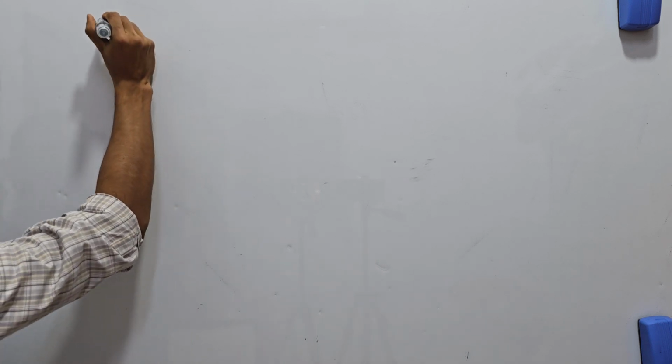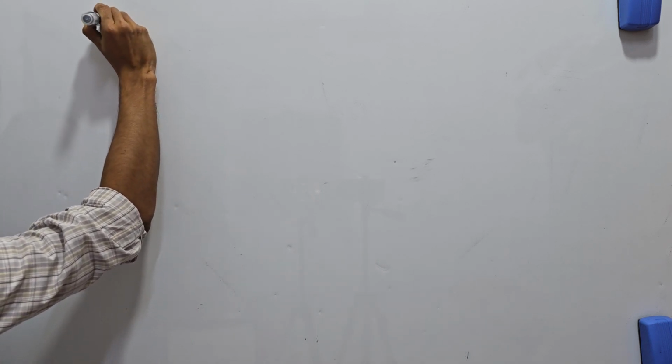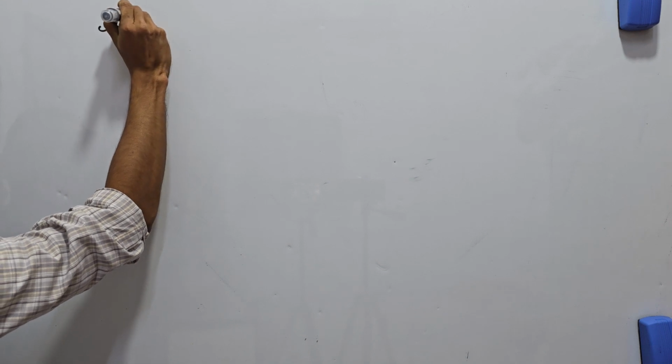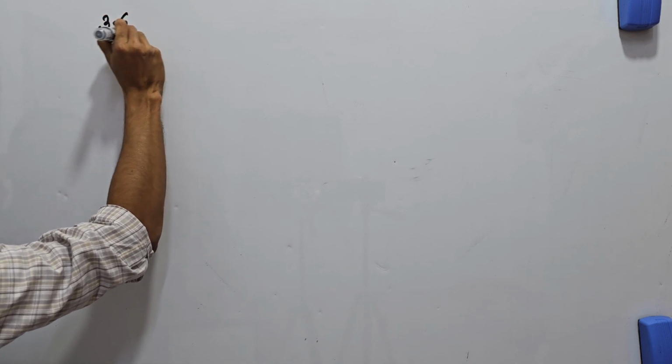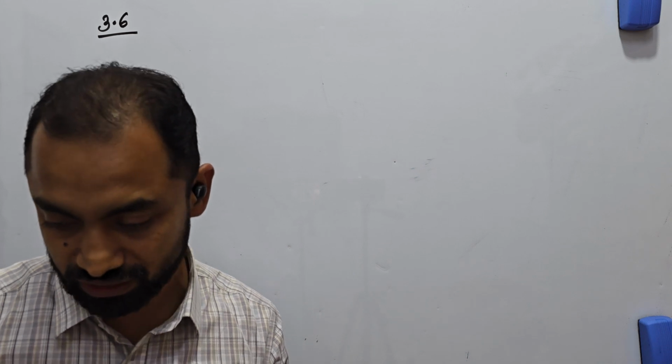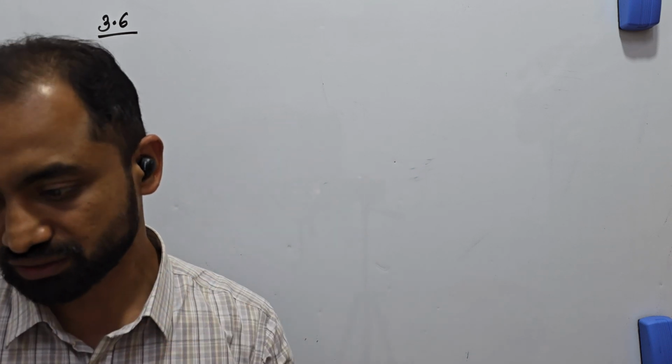Okay. Then next, question number 3.6. You can read the question, students. You mark your answer. When I tell the answer, you can check whether the answer you marked is correct or not.